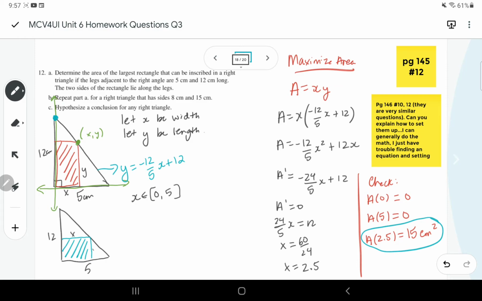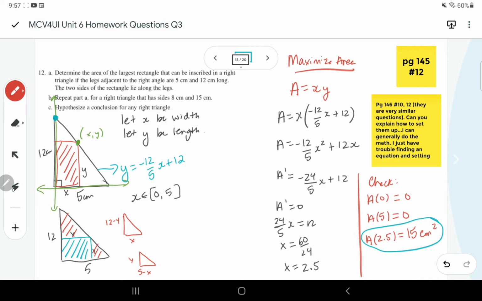If that's my x and that's my y, is by looking at similar triangles. If we take a look at these two similar triangles, that would be x, and this side would be 12 minus y. And this little triangle at the base, that would be y, and this would be 5 minus x.